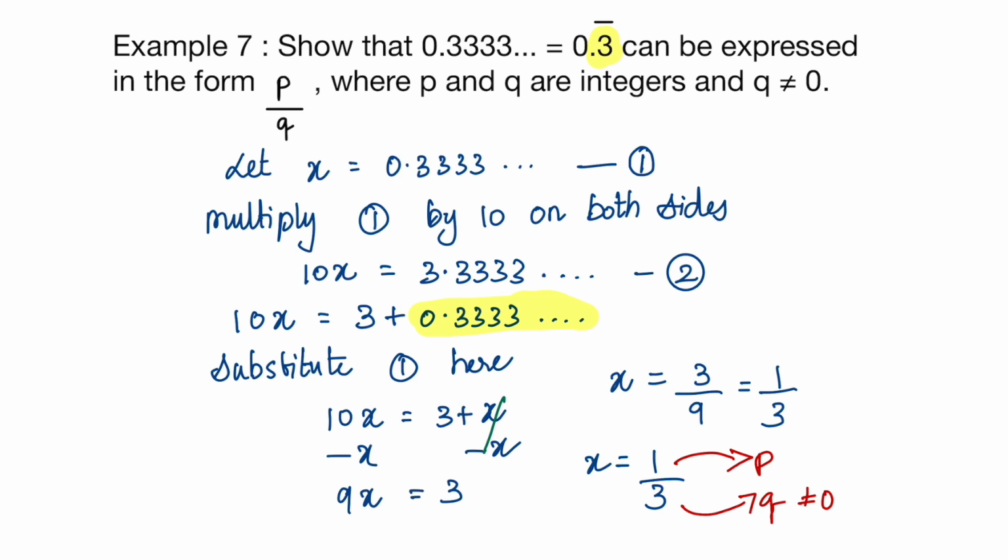Since we know 0.333 is the value of x that we assumed, we are just going to replace this with x, substituting equation 1 here. Now that would give you 10x is equal to 3 plus x, and that you can simplify to 9x is equal to 3. That leads us to the value x is equal to 1 by 3.